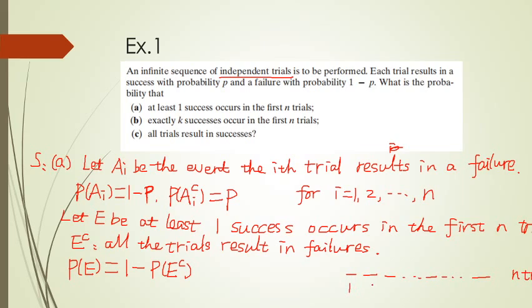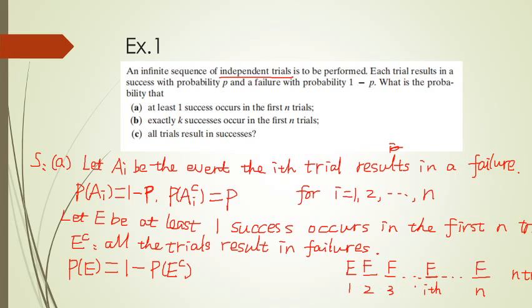So the first one, the second one, the third one, and then this is the ith one. This is the last, n. So all the trial results are failures, which means the first one is failure, the second one is failure, the third one is failure, the ith one is failure, and the nth one, the results are all failures, right?